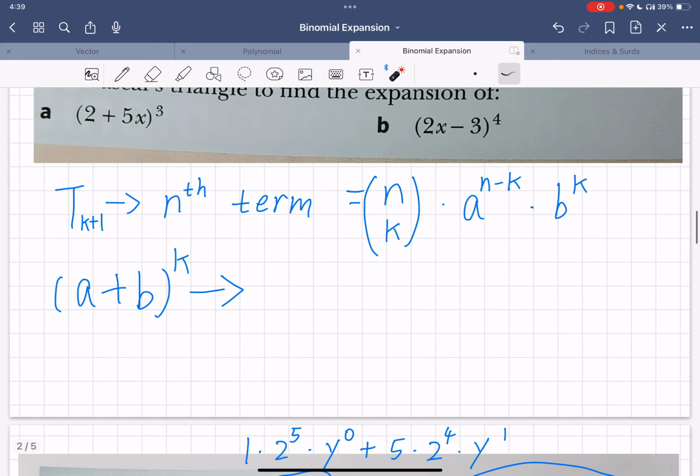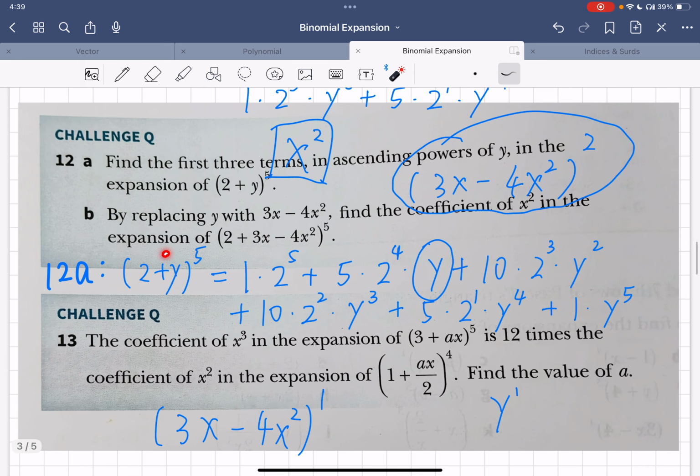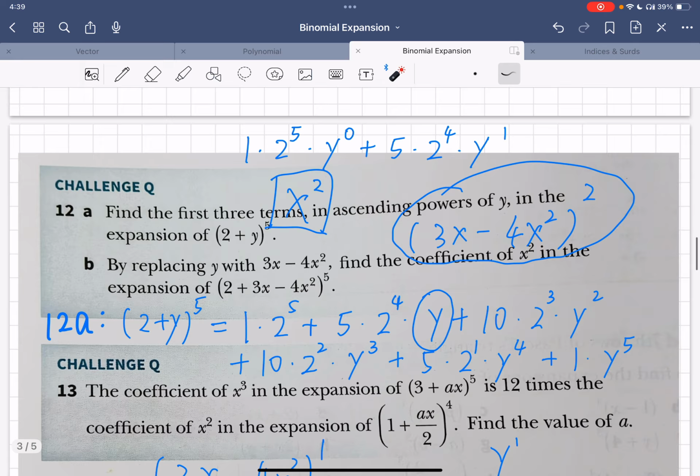For example, the power of b in this case is the power of y, right?